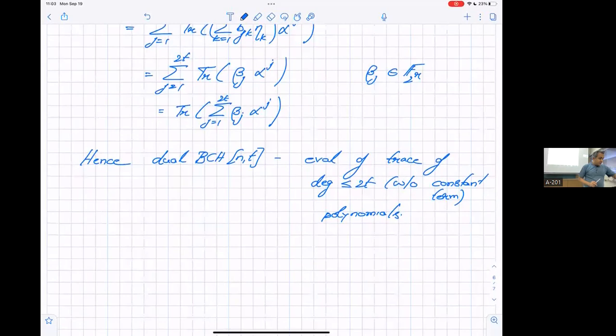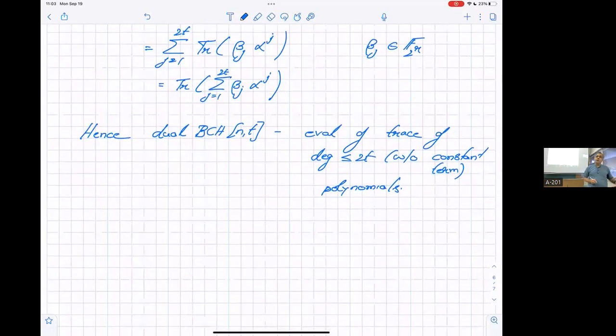The thing about dual BCH which we will not prove: notice what's the size of dual BCH? At most p to the power r. For small t's, we will show that these are actually linearly independent, so it will be exactly p^r. So the size of dual BCH_t is less than or equal to 2 to the power pr, with equality for small t.